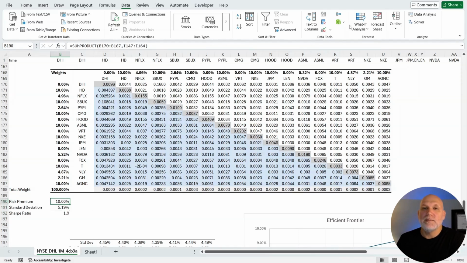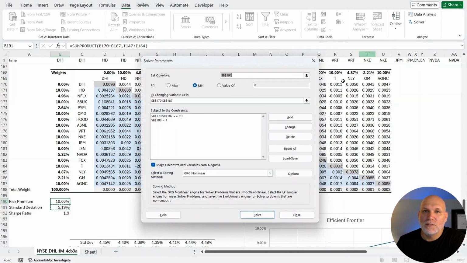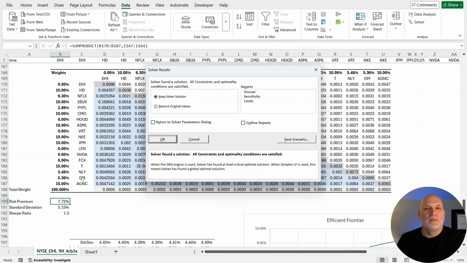Oh, let me delete my risk premium. See if that changes anything, because I'm saying, hey, give me at least 10%. That was this one. Delete. Now solve. Okay. That's how it's allocating it now. 10% to AT&T, 10% to JP Morgan. But for the least amount of risk, these are the weights it's recommending, and my risk premium is 7.72. So there's my return, roughly 11% return, but I'm taking on more volatility.